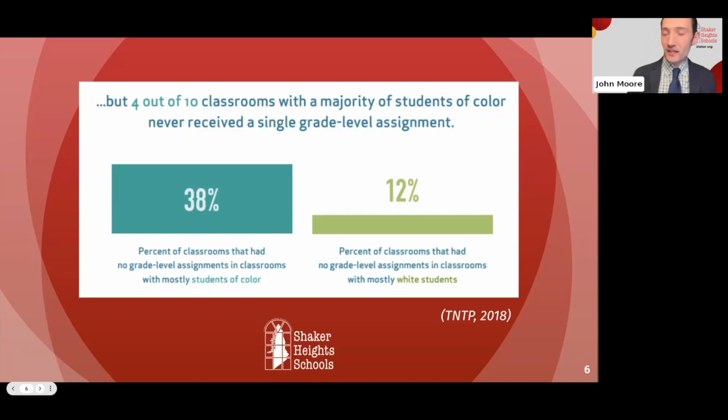That reinforces that conversation we had around how important it is that we have high expectations for all of our students. In this case, what they found was that 40% never even had a chance at grade level assignments, whereas that same dilemma was only true in 12% of classes with mostly white students.